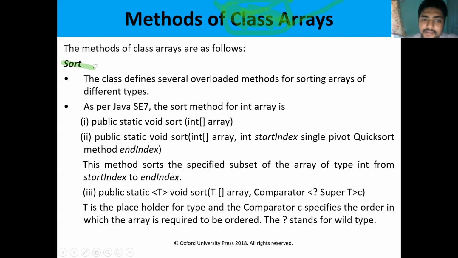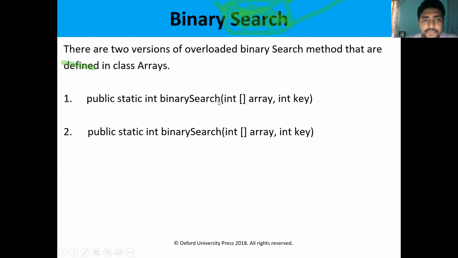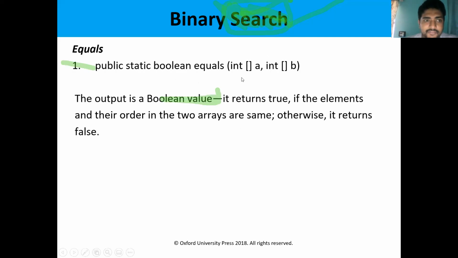Sort is a method to sort the array of elements. Likewise, we have so many methods. For searching purpose, we have binary search. For sorting, we have the sort method, and for searching, we have the binarySearch method. Then we have equals.